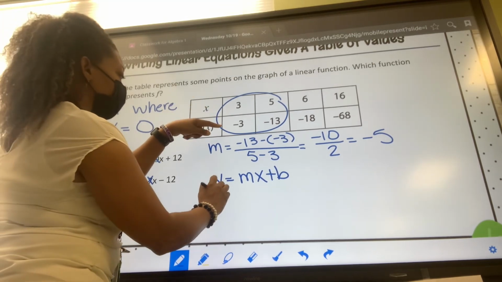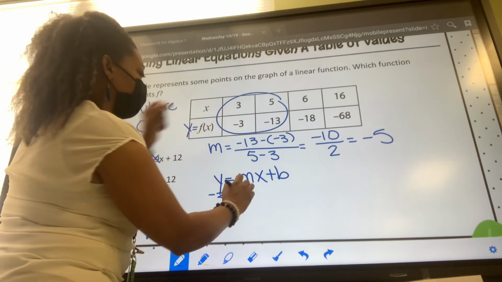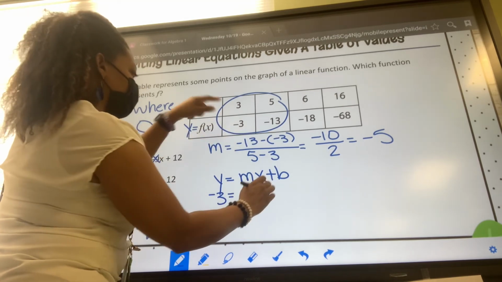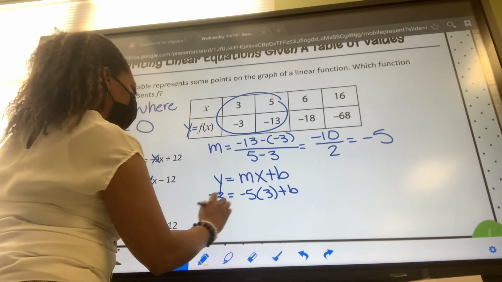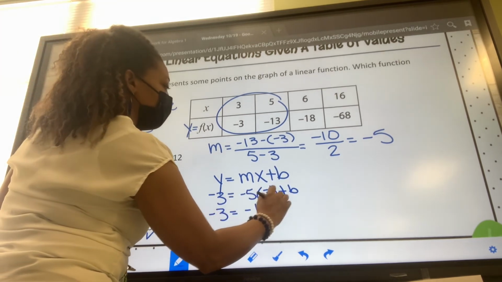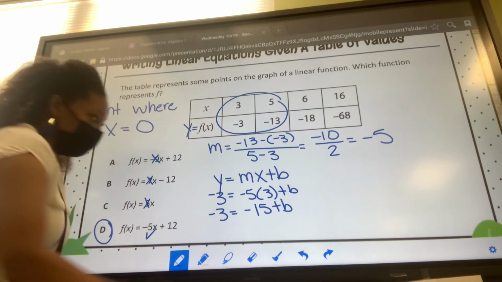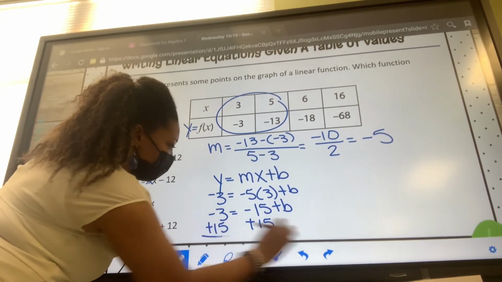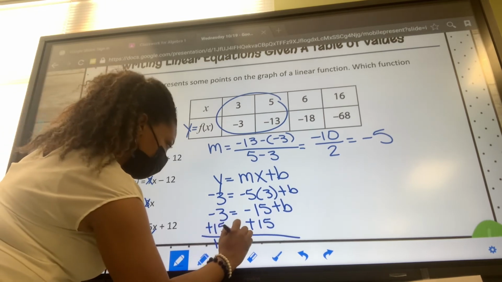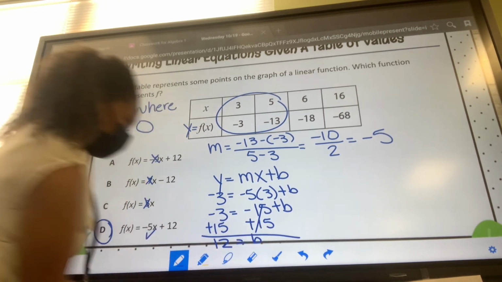Y is negative 3. M is negative 5 times x, which is 3, plus b. That's negative 3 equals negative 15 plus b. Now I need to add 15 to both sides. And 12 equals b.